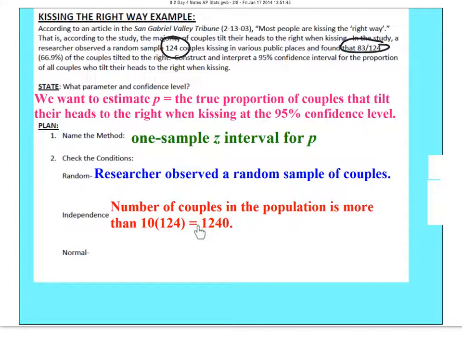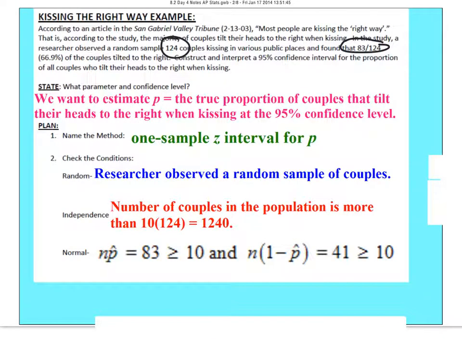If there's more than 1,240 couples in our population, we're fine. Normality, our success and failure both greater than or equal to 10. In this case, for the normal condition, our sample size times 83 over 124 is 83, which is good. 1 minus that proportion is going to be 41, so normality is met on that.